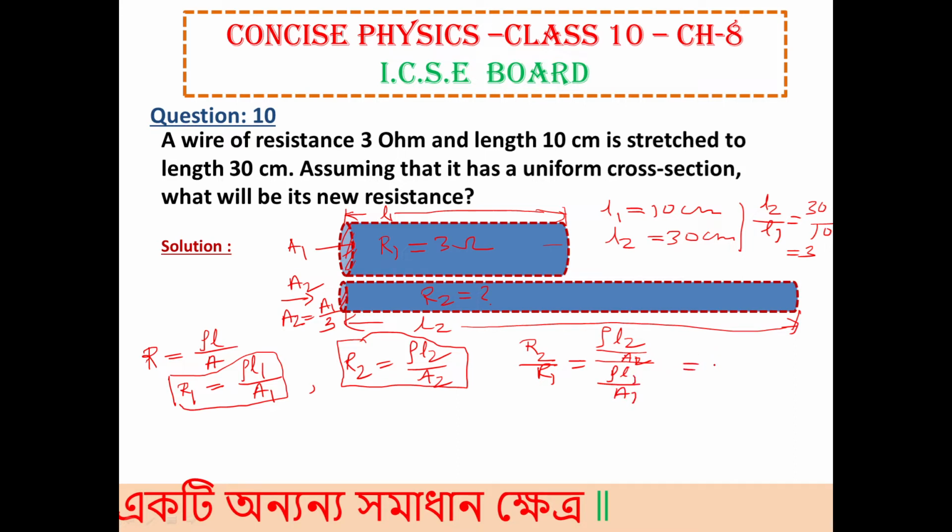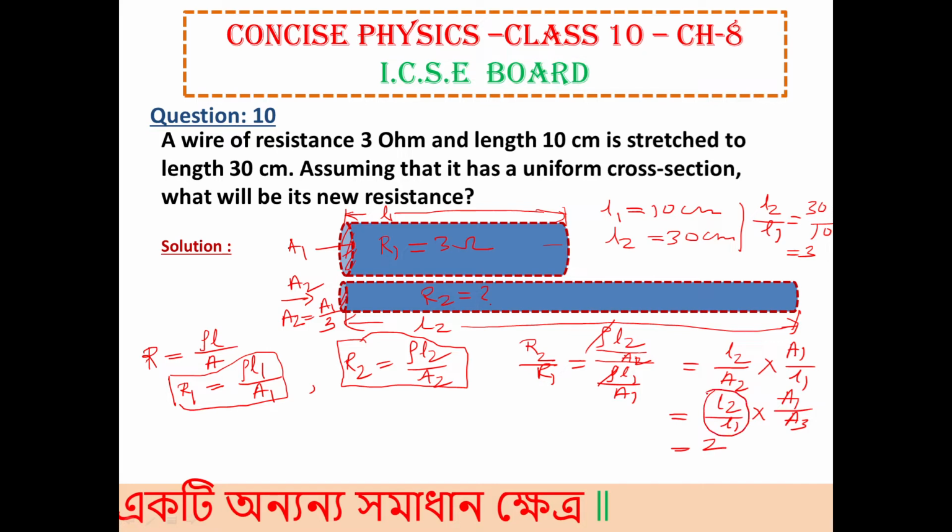So on simplification, rho will be cancelled. So here I will get L2 by L1 into A1 by A2.